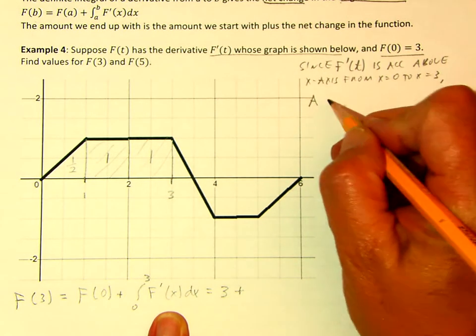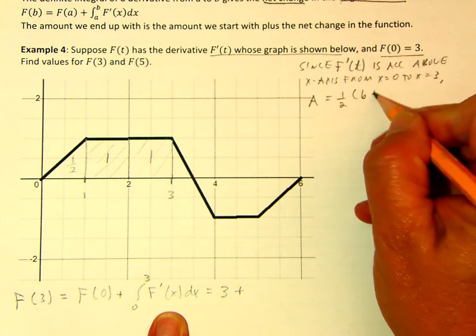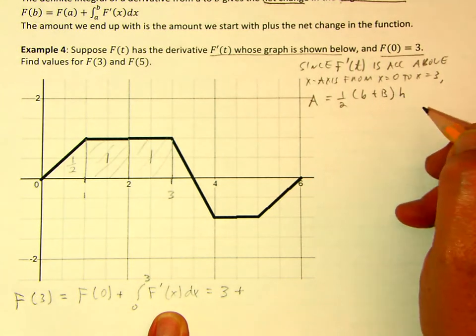So the area would be 1/2 little base plus big base times the height.